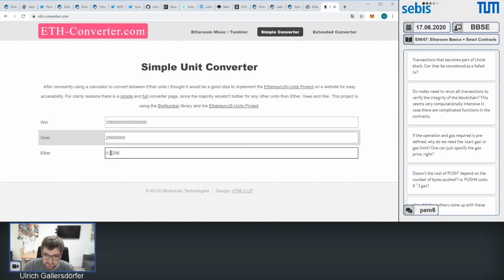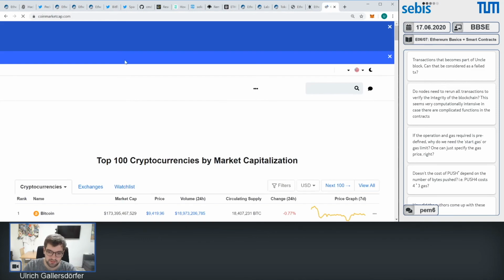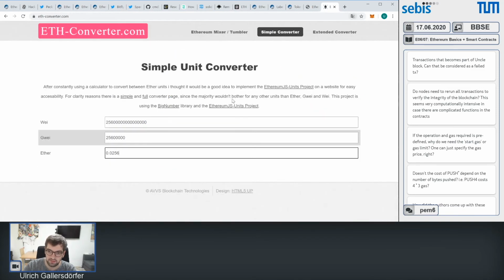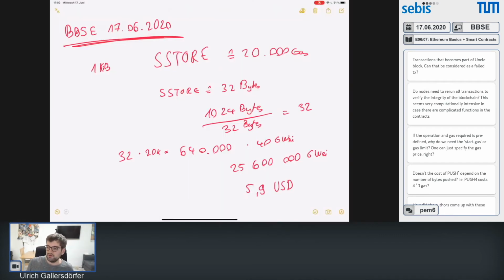So we see it's 0.0256 ether. And if we now multiply this by the current ether price, 232, so 232 times 0.0256, we wind up with about $5.9 US. So $5.9 US for 1 kilobyte of data.